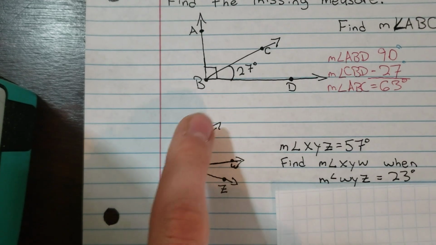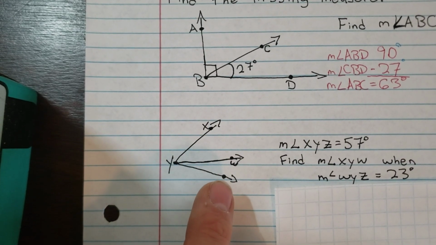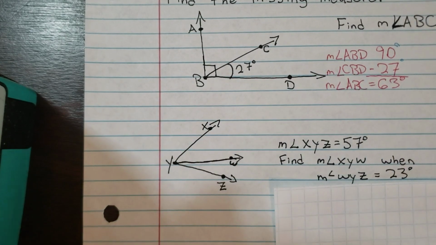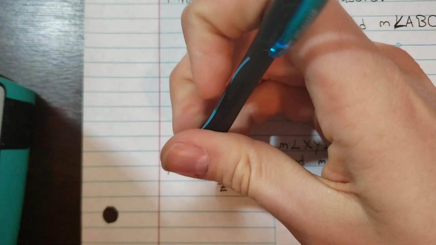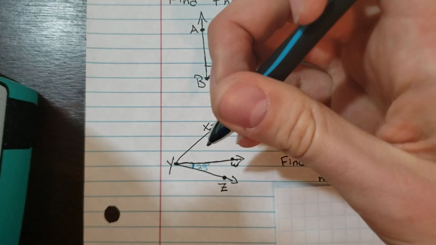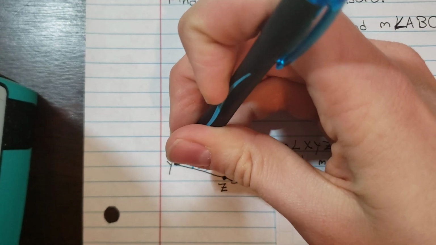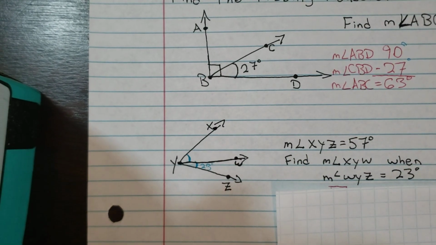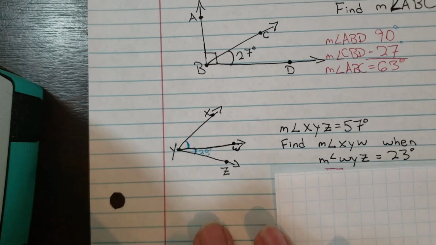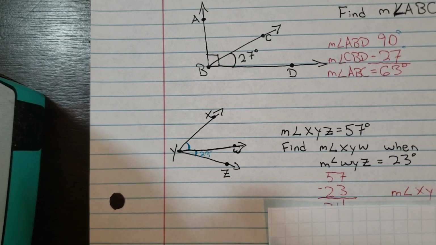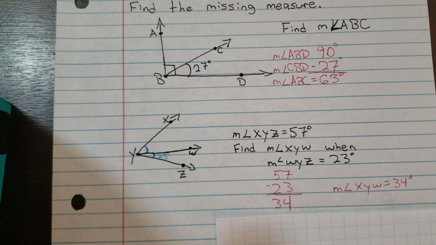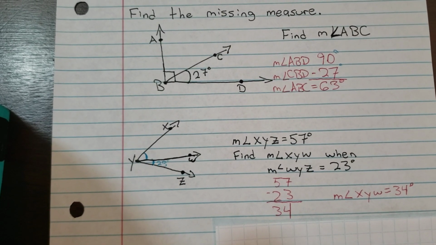So we're given the measure of the total angle and the measure of this smaller one. But now we're asked to find, let's see, we know this is 23 degrees. This we don't know. That's what we're looking for. So again, we subtract. 57 minus 23 equals 34. So the measure of angle XYW is 34 degrees.